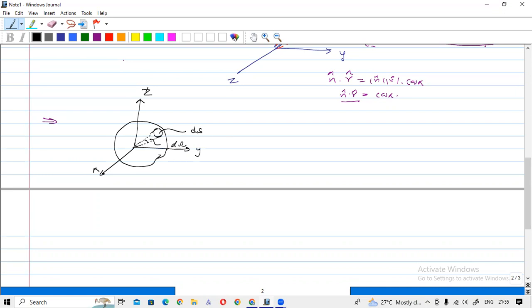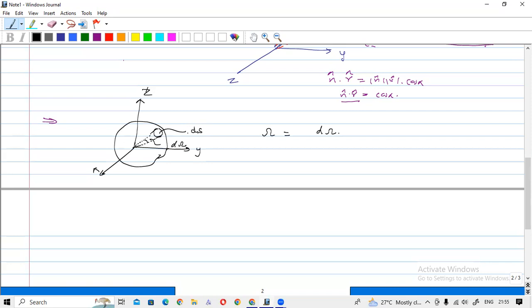Now you want to find the total solid angle of this sphere. Let's say that is omega. So it is equal to the integral of d omega, and you have to add all d omega over the sphere.